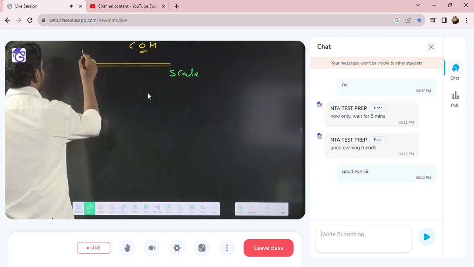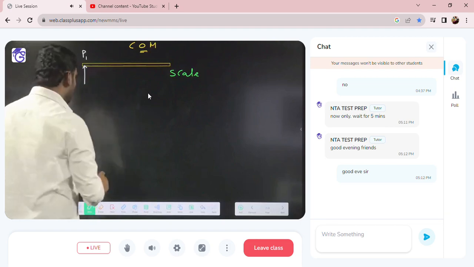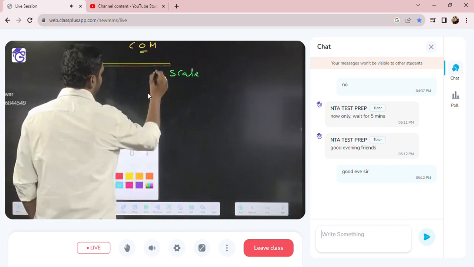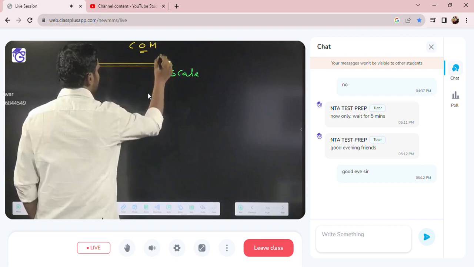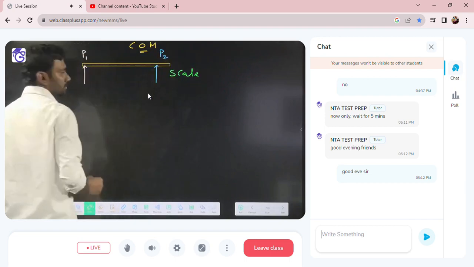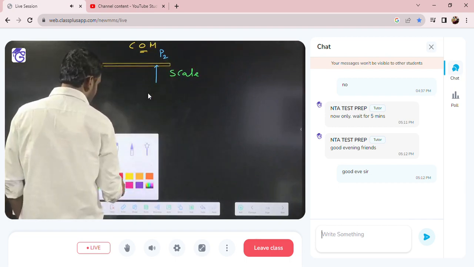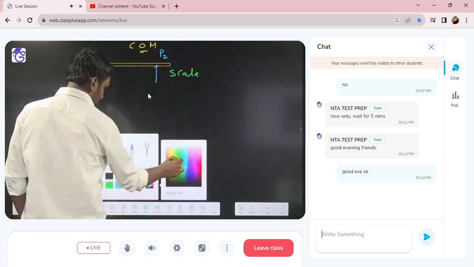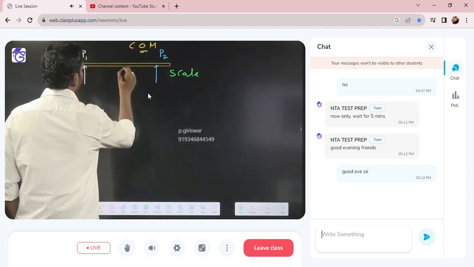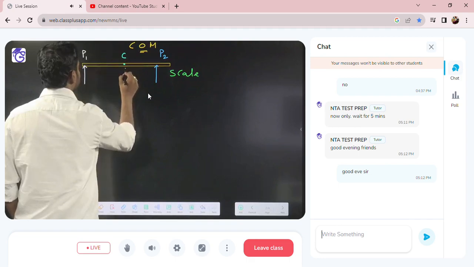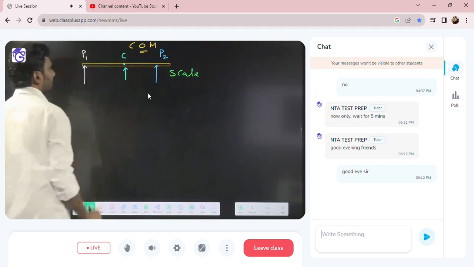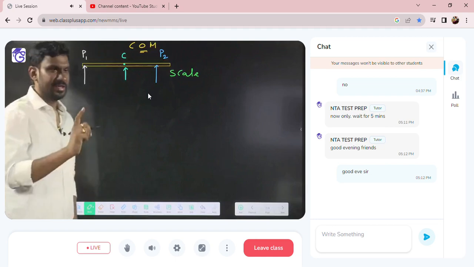Let us say this point is P1. I will try to apply force at this point. Let us say this point is P2, correct? And then I will apply force at this point. This is the center C.